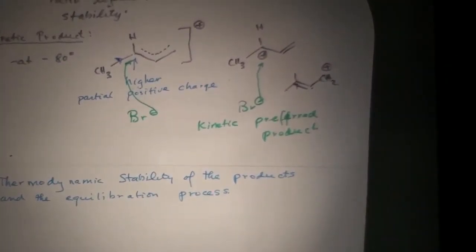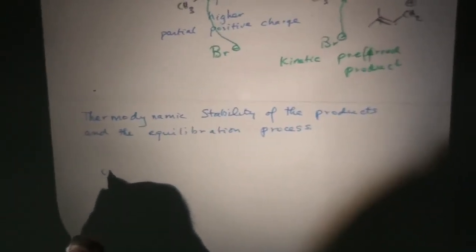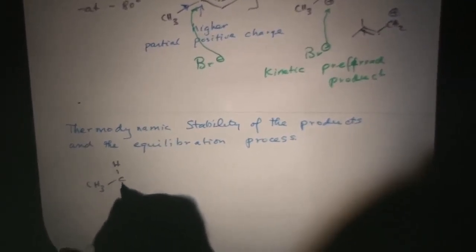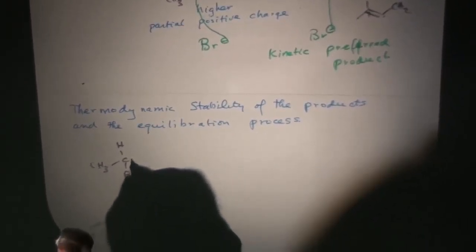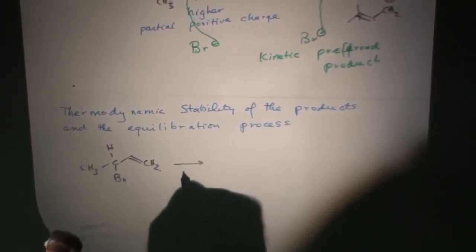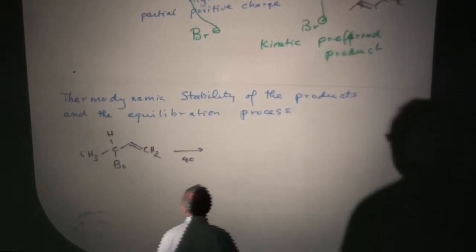Let's do the first one. So we have CH3 at 40 degrees. We have an allyl system.